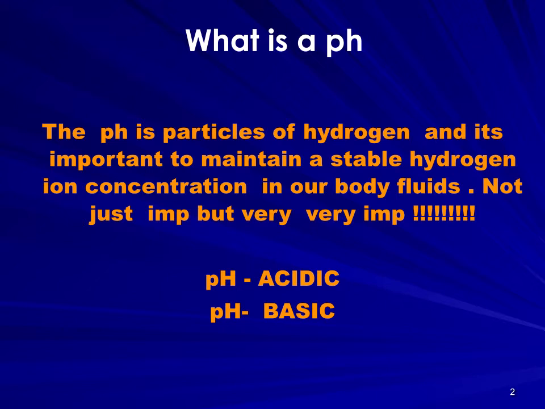I'm not expecting you to memorize the pH of all the solutions, but for our purpose in nursing school and for the nursing career, you need to know the normal pH or the hydrogen ion concentration in your blood, which is 7.35 to 7.45.